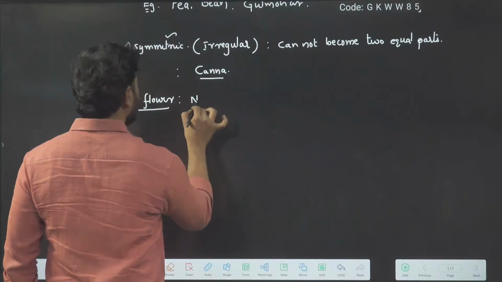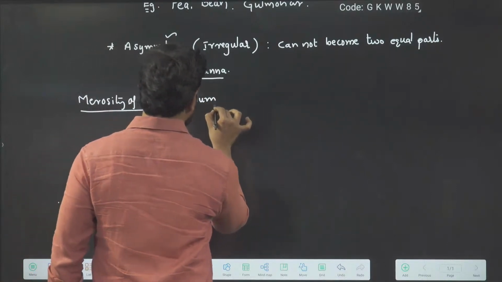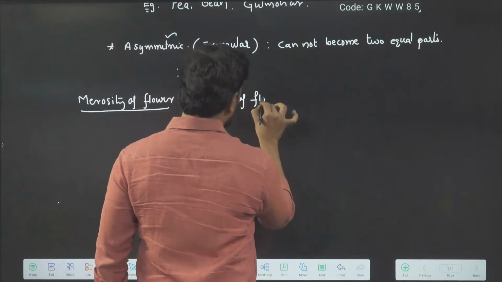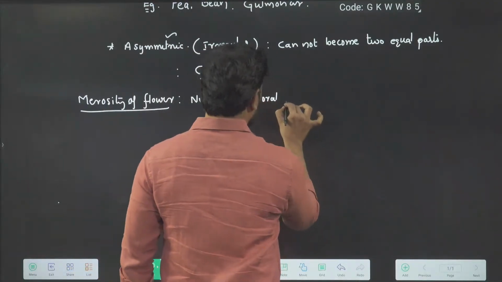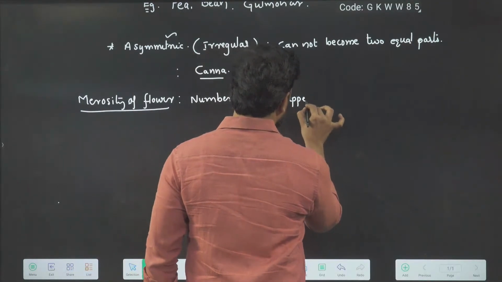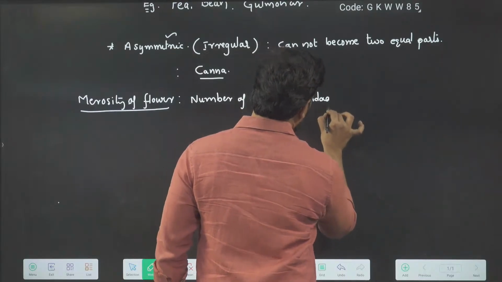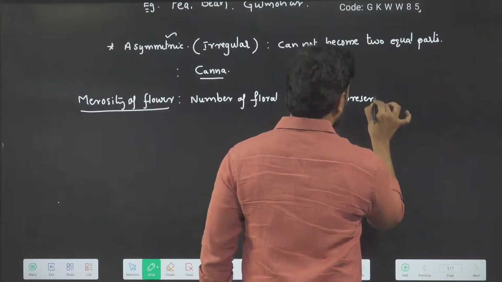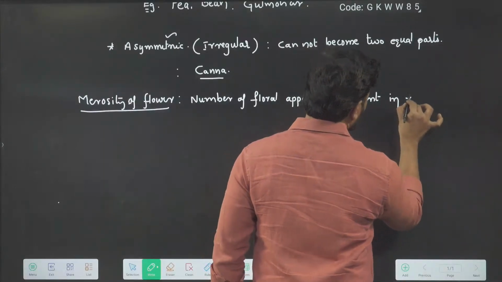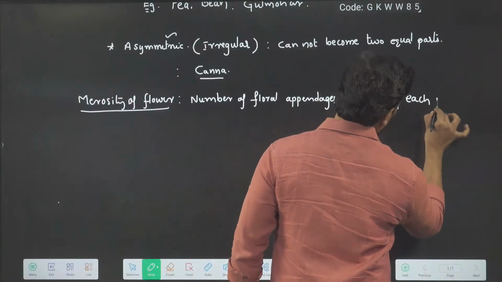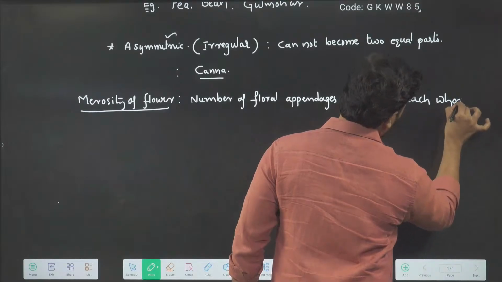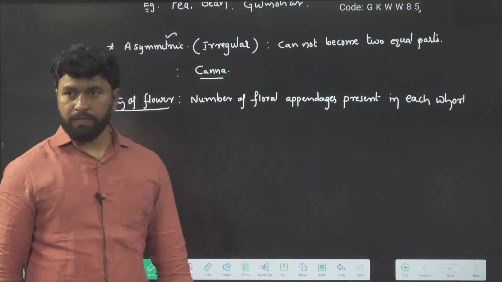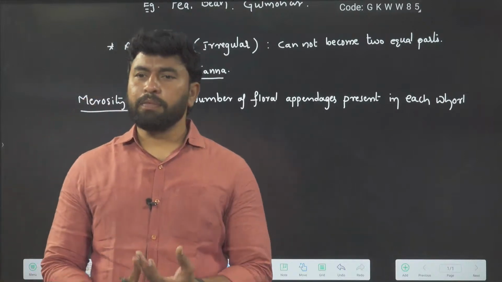The number of floral appendages or floral organs present in each whorl. We will call it merosity. Number of floral appendages that are present in each whorl.